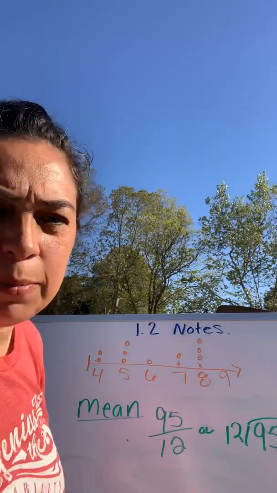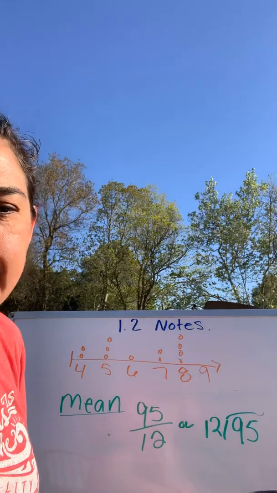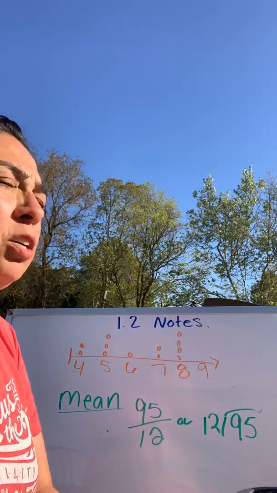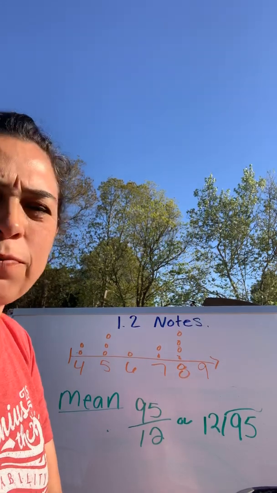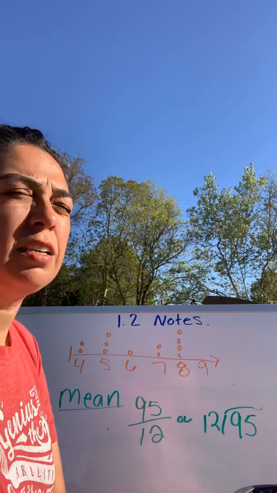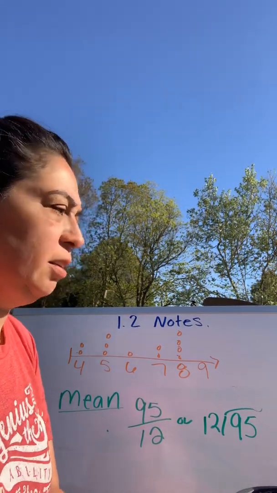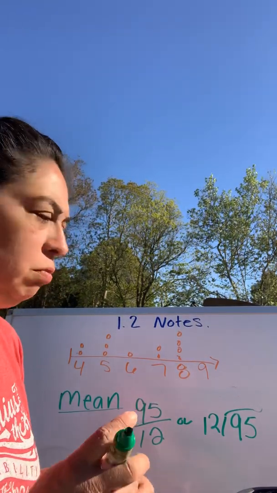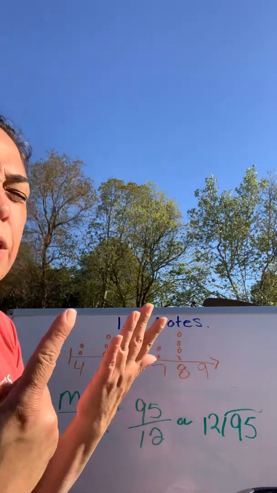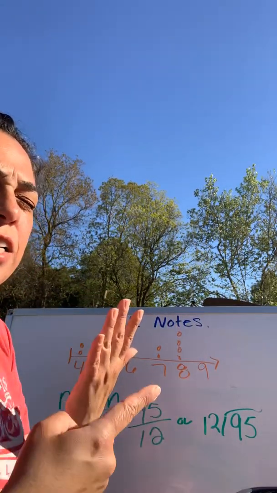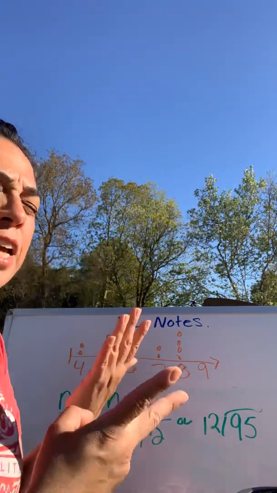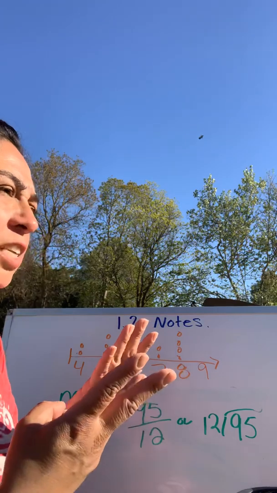So mean, median, and mode. Can you see that? So let's think about this. 12, 24, 48, 60, 72. Oh, I'm getting close. 72 plus 10, 70, 82, 83, 84. 84 plus 10 is 94, plus 2 is 96.